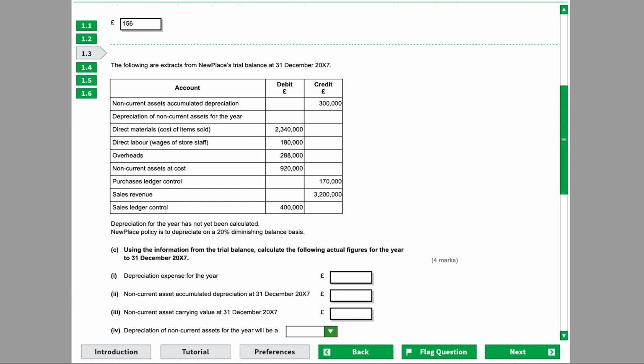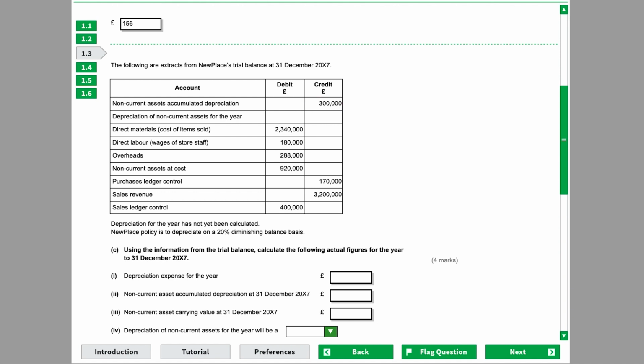The first we have here is the depreciation expense for the year. Because they're doing this on a diminishing balance basis, we need to apply the 20% to the net book value of the asset. You can see that we have the non-current asset at cost account, which has a balance of 920,000, and the accumulated depreciation, which will offset against that, at 300,000.